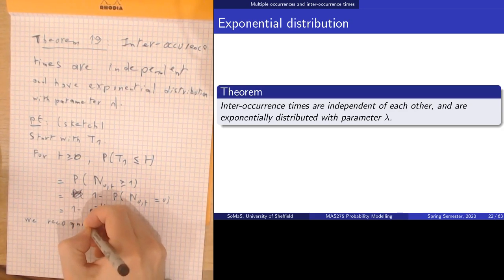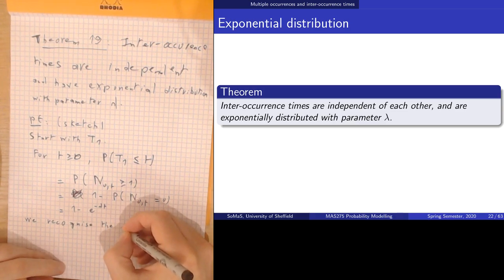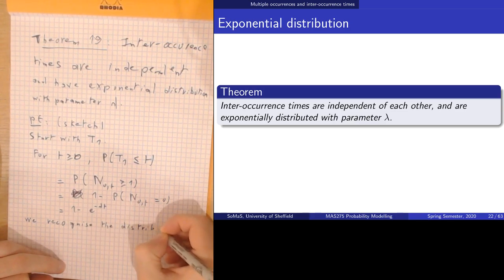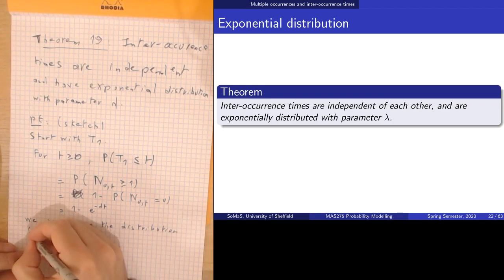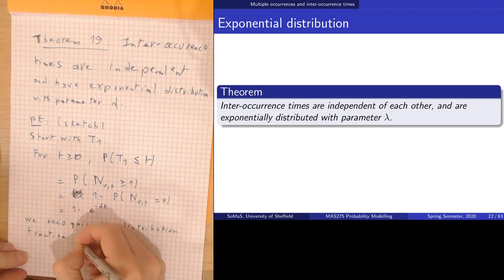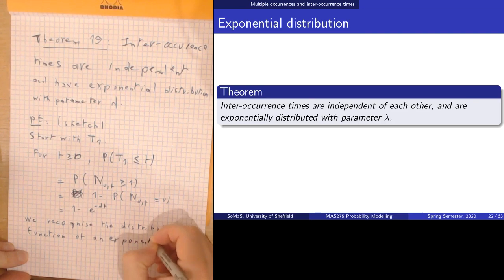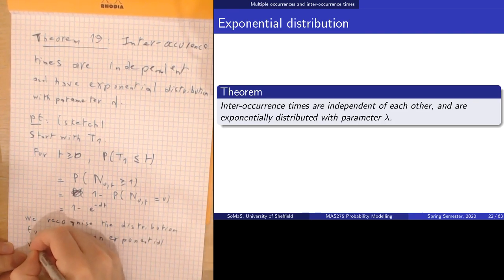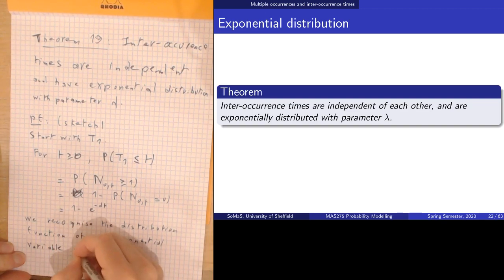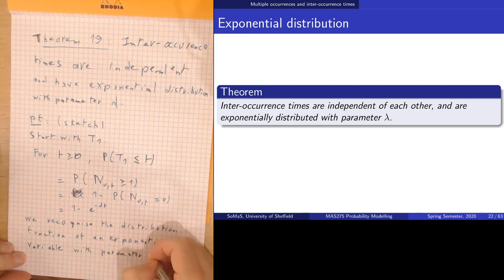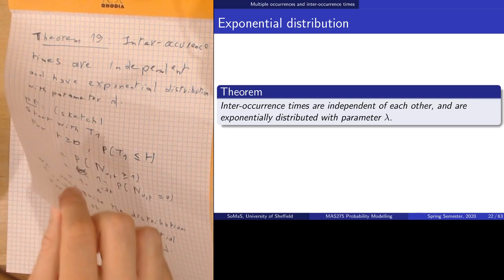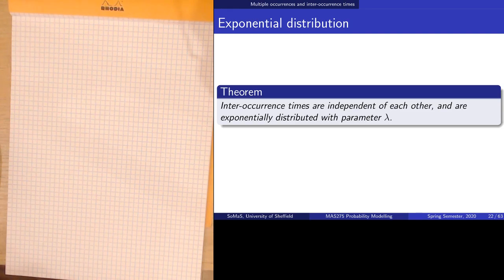We recognize the distribution function of an exponential variable with parameter lambda. That's exactly what we want. So we've already dealt with T1. T1 has the distribution we want.